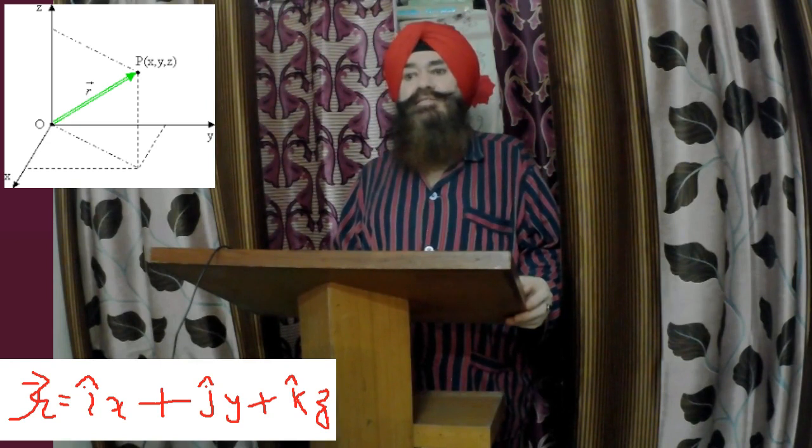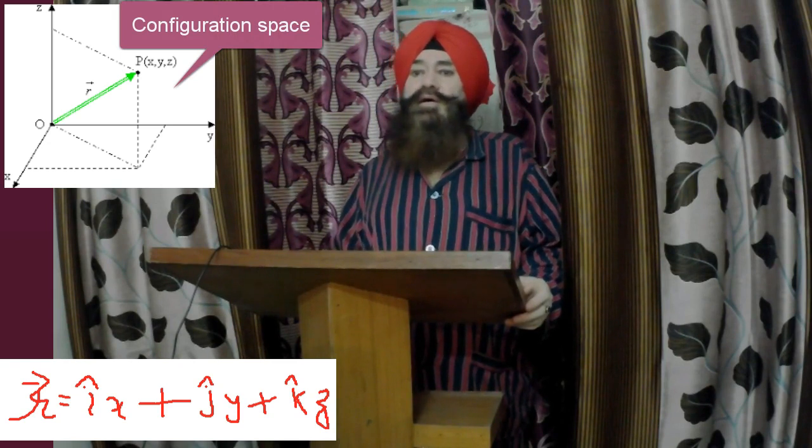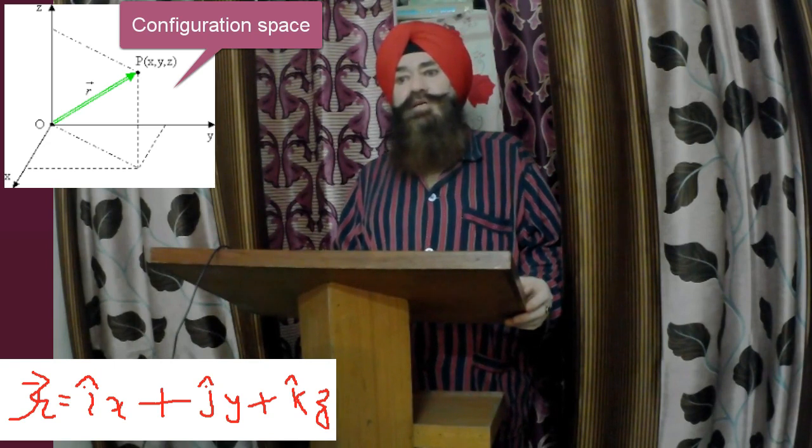This carries the information of the configuration of the system, that is, where the particle is. The space of all such triples is called the configuration space.